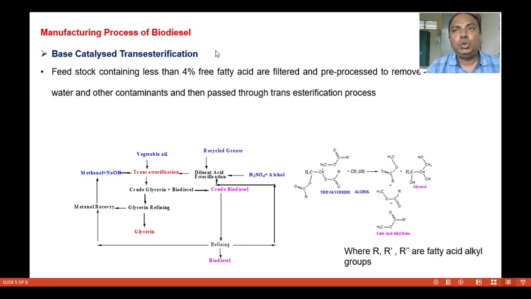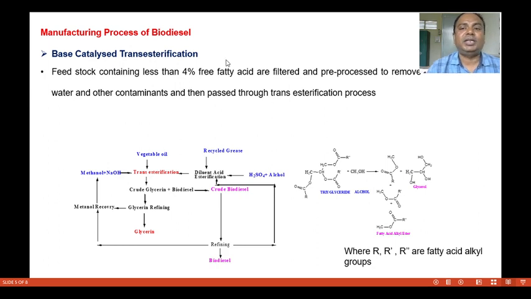So there are two processes, acid catalyzed as well as base catalyzed. Acid catalyzed process is done when the feedstock contains more than 4% free fatty acid, and base catalyzed trans-esterification is done when the feedstock contains less than 4% free fatty acids.